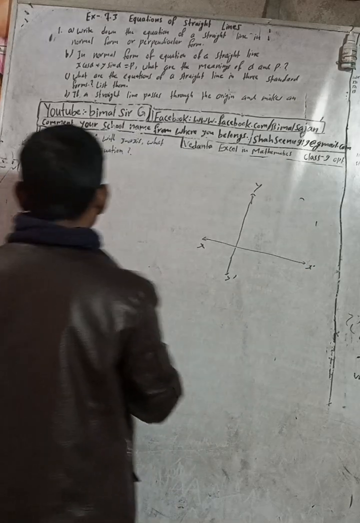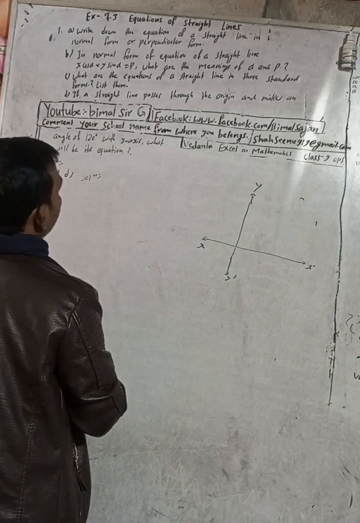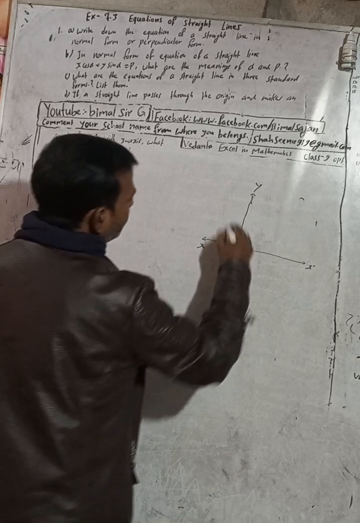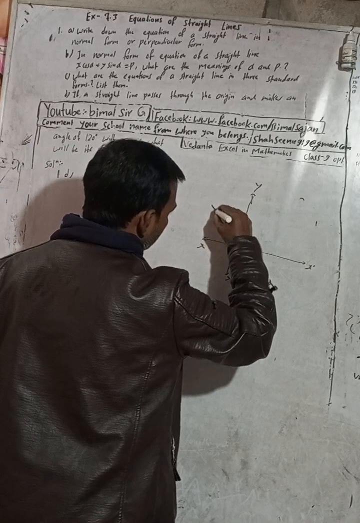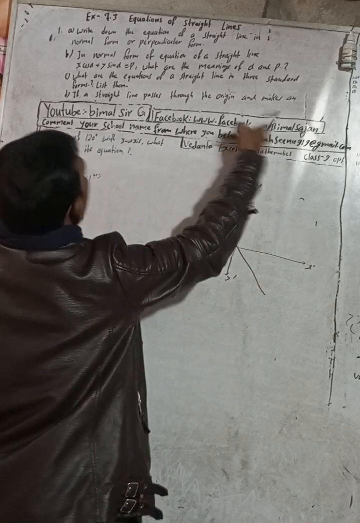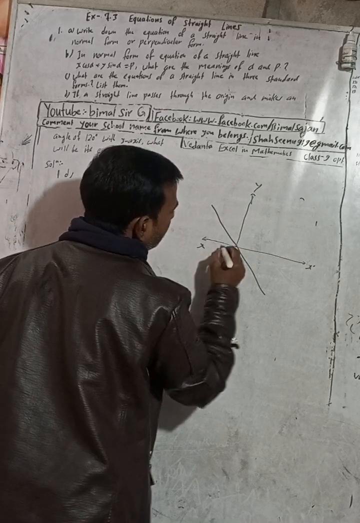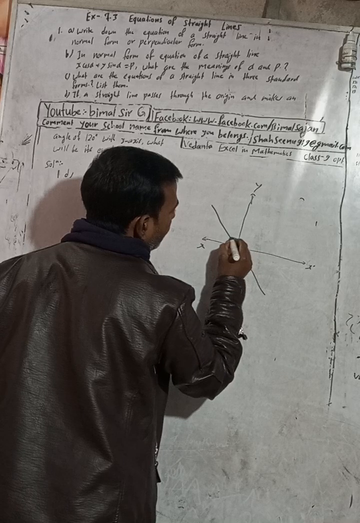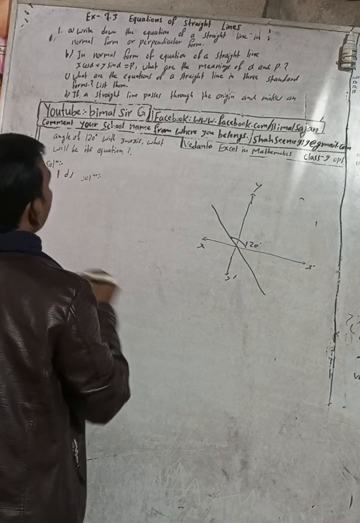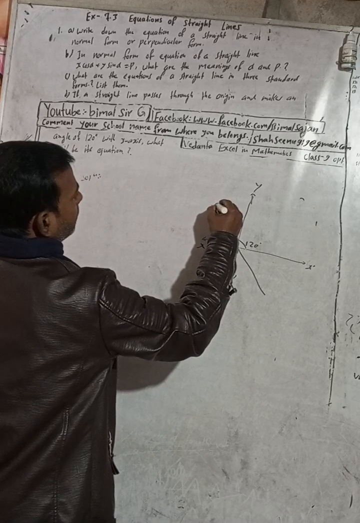Now, an angle of 120 with the x-axis. A straight line passing through this origin and making an angle of 120 degrees. So 120 degrees in the positive direction, from this direction, not this way. This is 120 degrees. What will be this equation now? This line equation we have to find here.